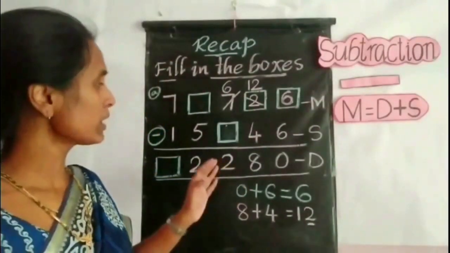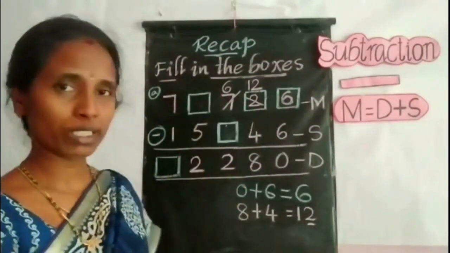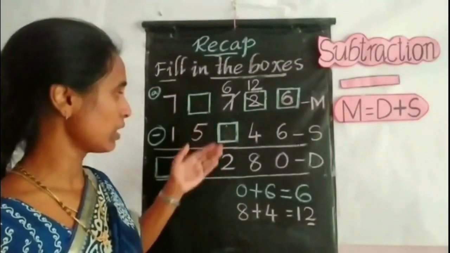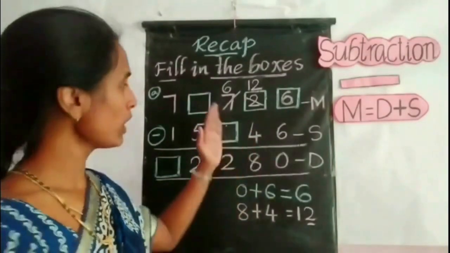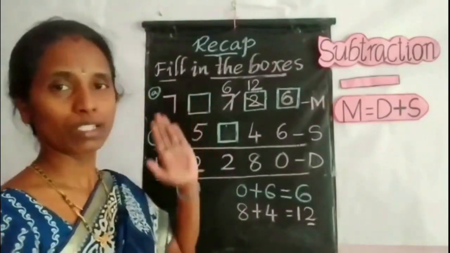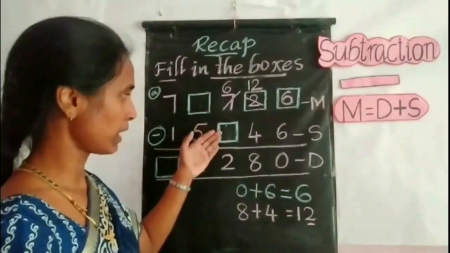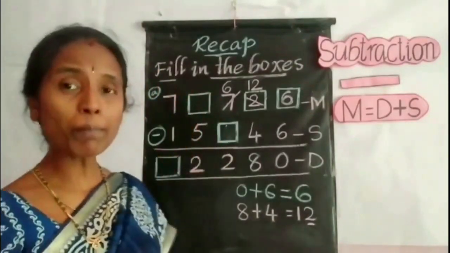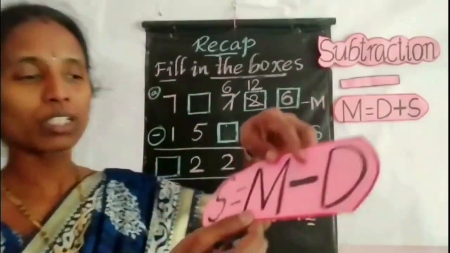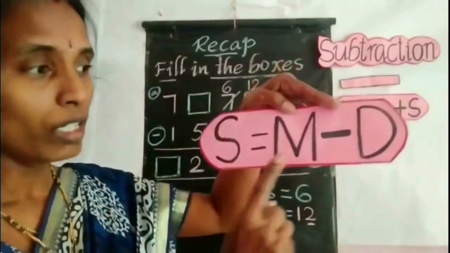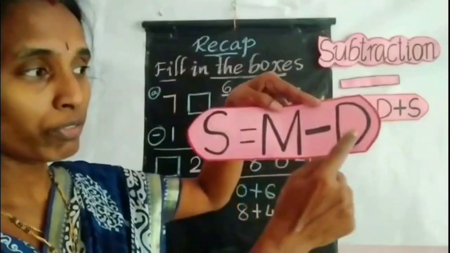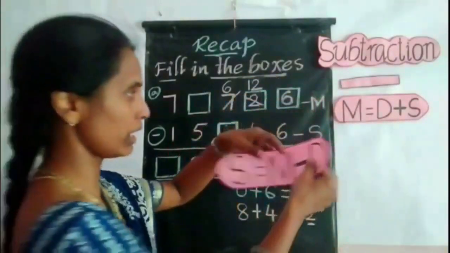Children, now let us subtract in the hundreds place. Here 6, the subtrahend is missing. Difference is there. Now we have to find out the subtrahend. Okay children, how to find the subtrahend? To get the subtrahend, the difference should be subtracted from the minuend.